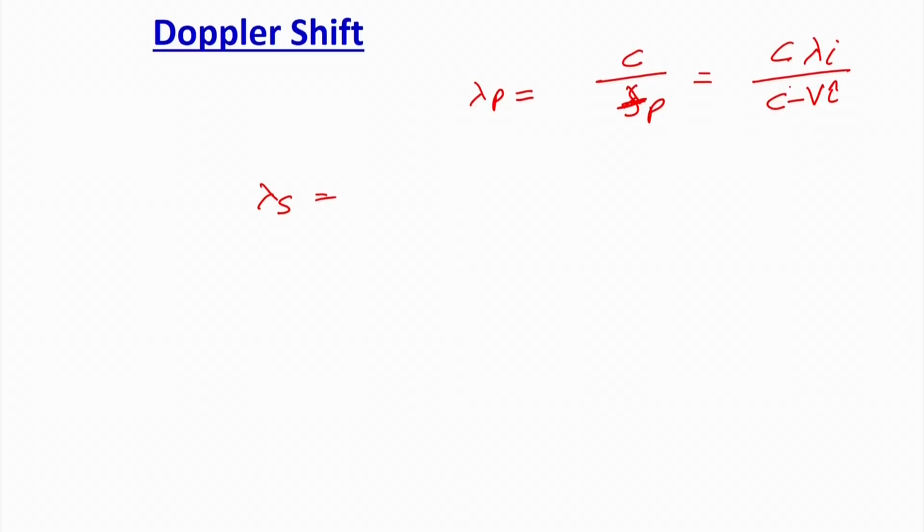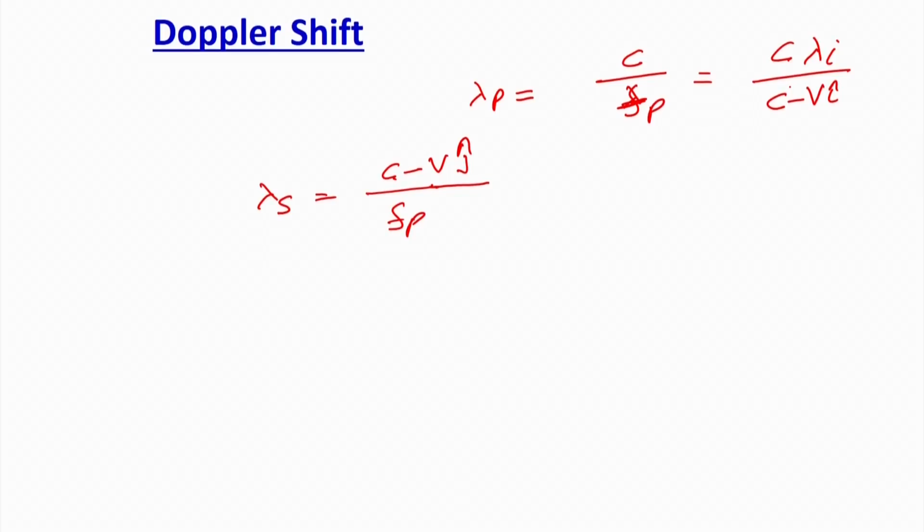So, lambda s will be equal to C upon F p, and this C will not be the velocity of the light, but C minus the velocity of the object in the direction of the source. Let us assume that is j. If it is parallel to the source direction, it will be negative again. If it is opposite, then it will be positive. Clear?